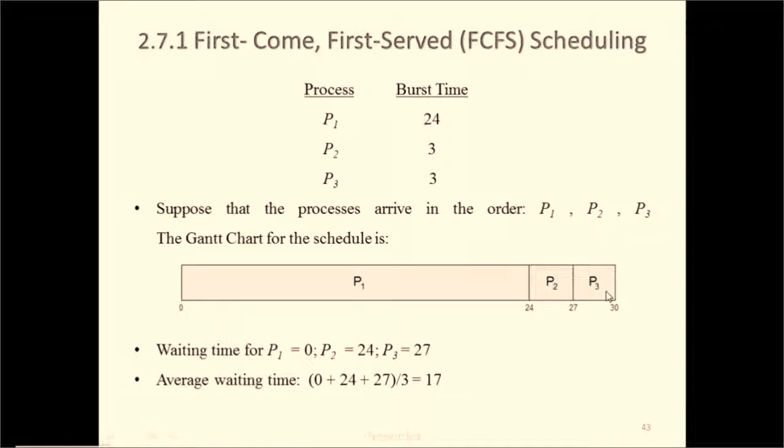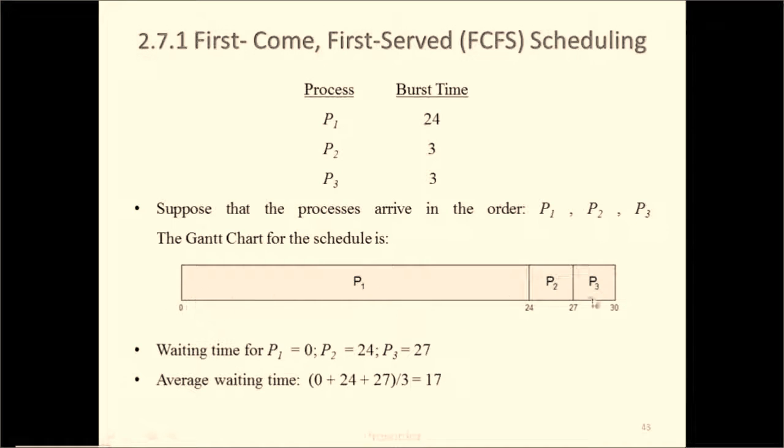Now let us calculate the waiting time for P1, P2 and P3. For P1, there was no waiting time, 0. But for P2, it had to wait 24 units of time for its execution to begin. So waiting time for P2 is 24. Going with the same logic, for P3 it is 27 units of time.